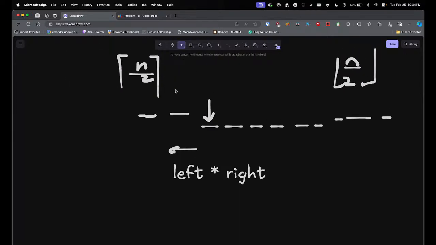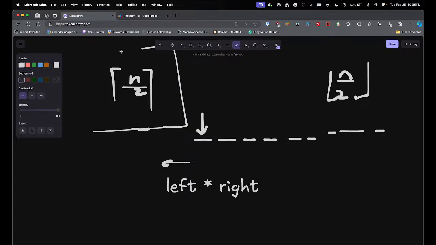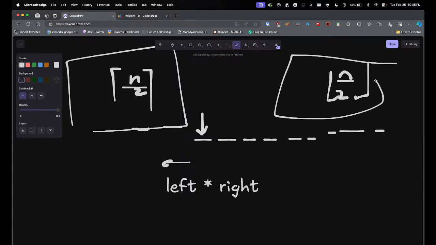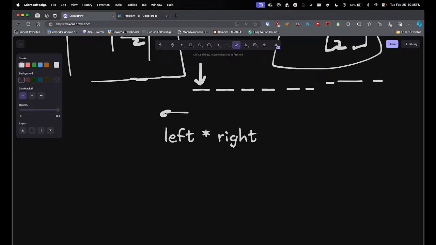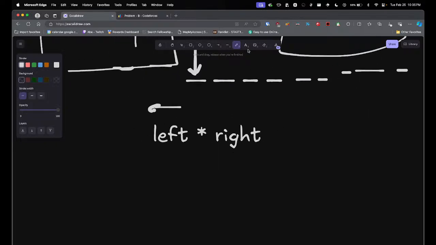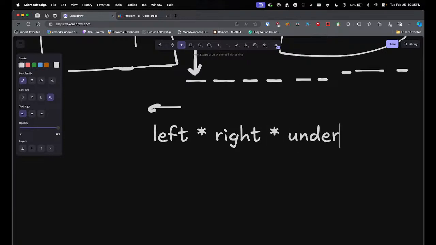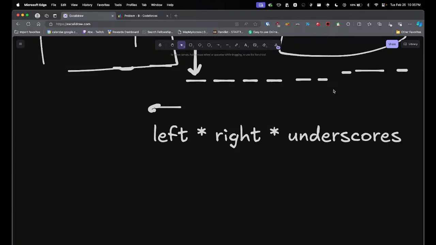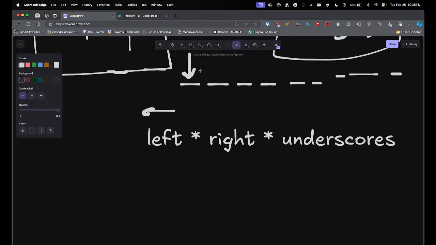If you divide equally, this multiplication is maximized. And since this multiplication is maximized, what you can do is left into right into underscores, because for each underscore the answer is going to be the same.